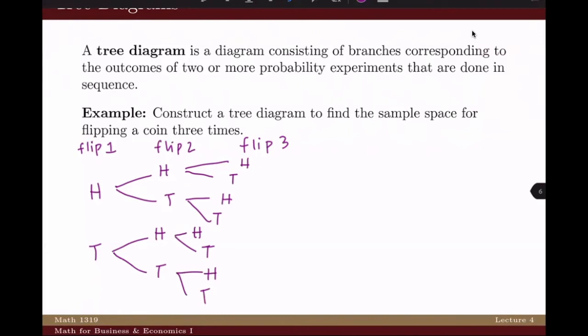So this is a tree diagram showing all of the possible outcomes. So just to pick on one, we could have flipped tails, then heads, then tails. That would be a possible outcome.